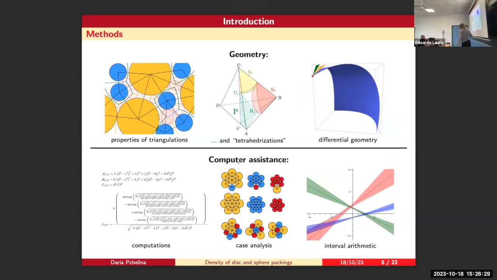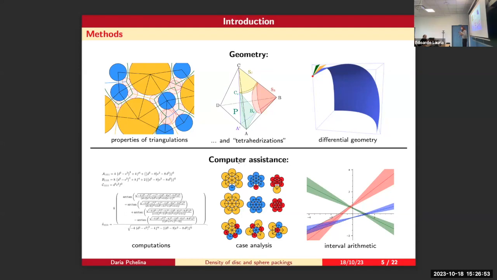I will just introduce you to the methods we use in our research. We start with a purely geometric problem, so we need to use geometric tools. First of all, we should study strange geometric objects like triangulations and simplicial partitions.